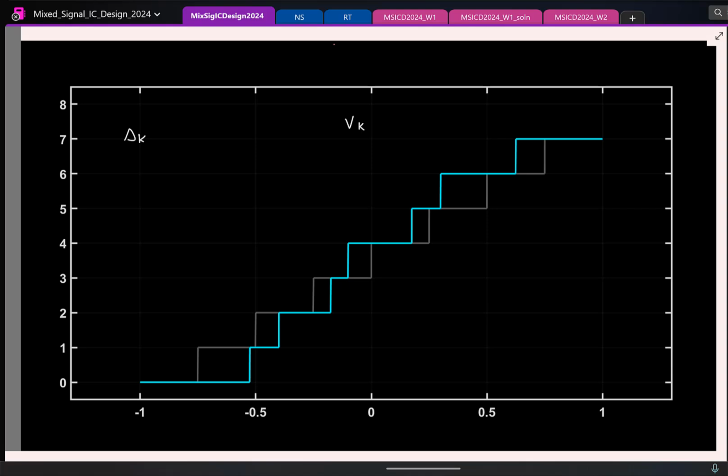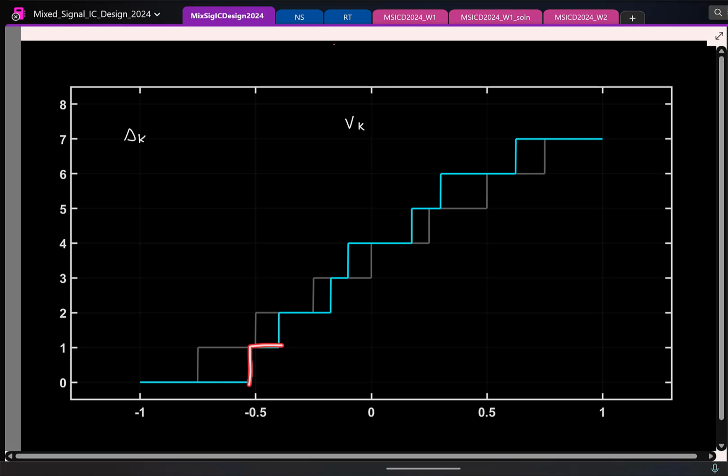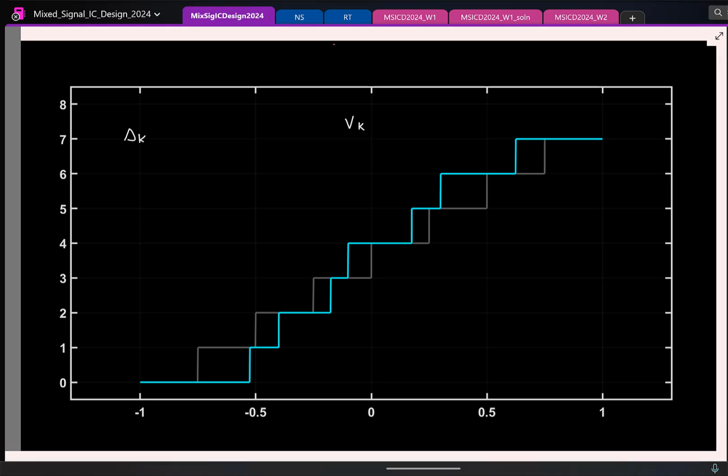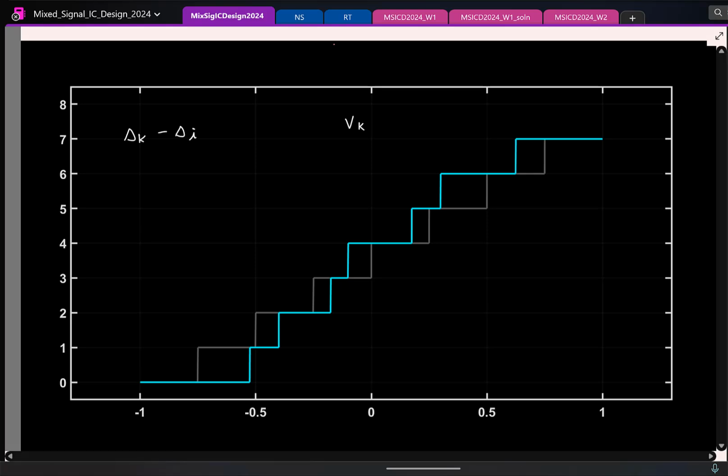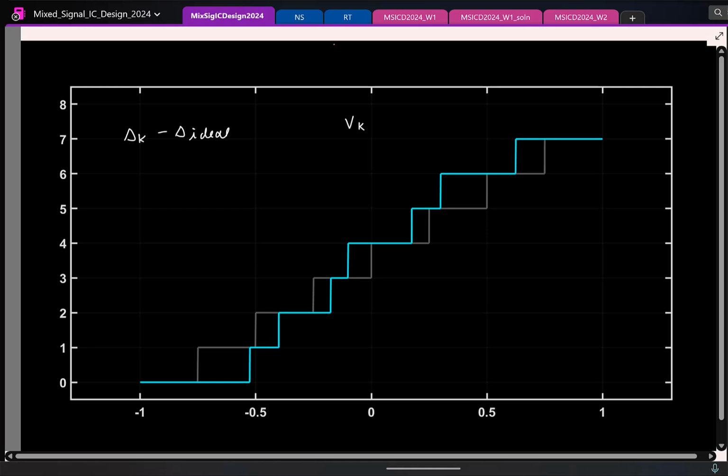But I am not actually interested in sketching the characteristic. I am interested to quantify how much this characteristic is deviating from my ideal characteristic. So how do I change this now? I have delta k. I want to see how much it is deviating. Minus delta ideal. Similarly here, that's all.